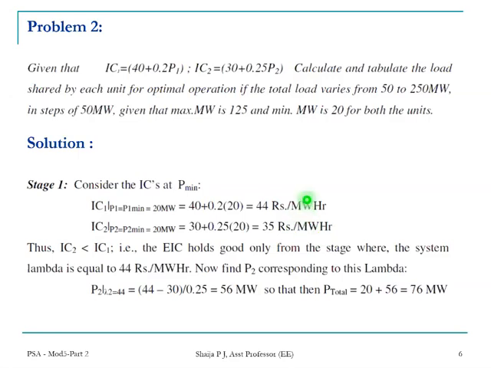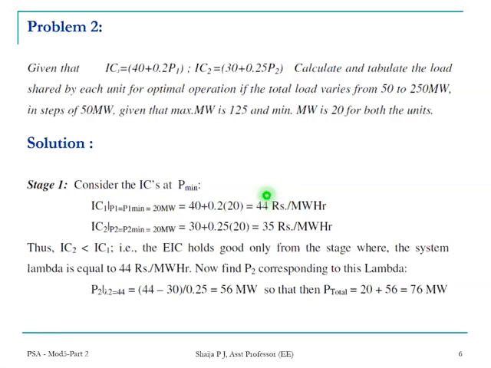So you observe these two values. IC2 is lower than IC1, meaning equal incremental cost holds good only from the stage where the system lambda is equal to 44 rupees per megawatt hour. Corresponding to this, P1 is 20.